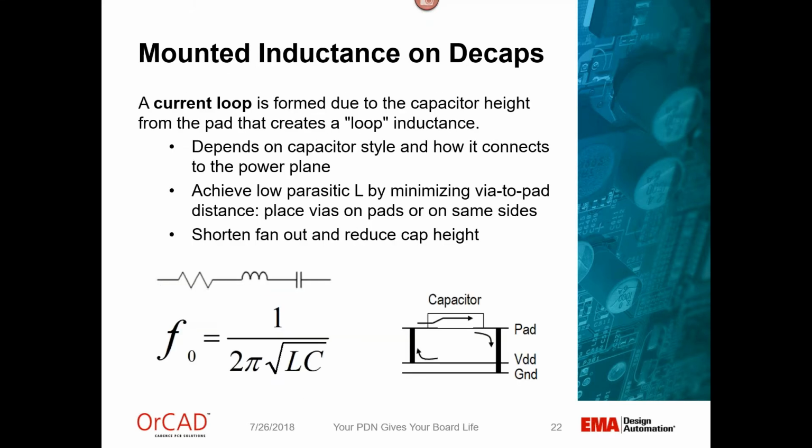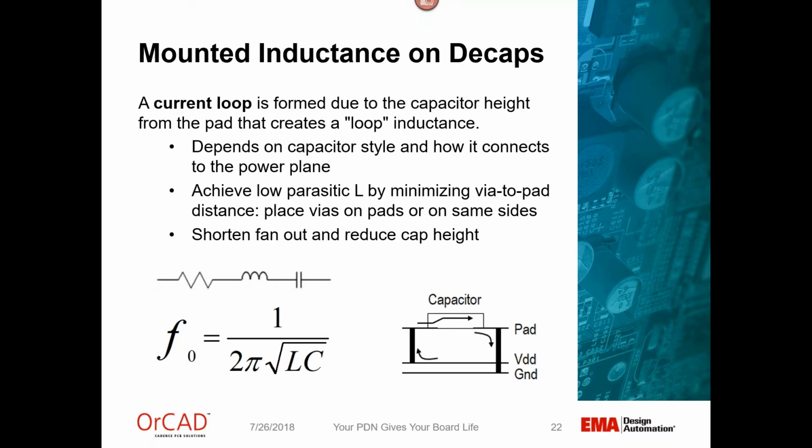Part of where that inductance comes from is the loop inductance that we get from the way the current flows from our power plane. In the bottom right, we can see this from the VDD up the via, up the fan out to the capacitor, and then down through the via to the ground level. This loop inductance, as we saw on the last slide, increases our impedance at higher frequencies, so we want this to be as low as possible.